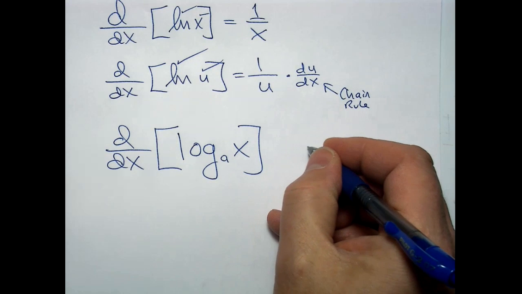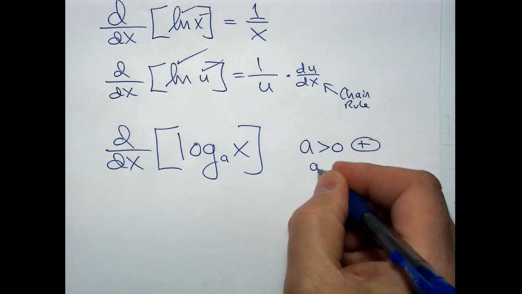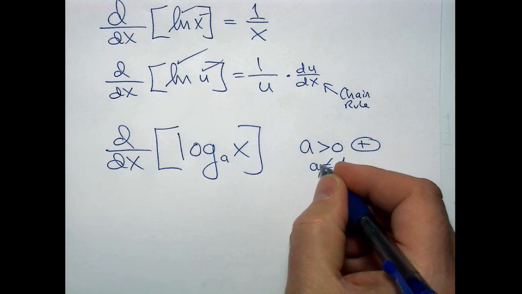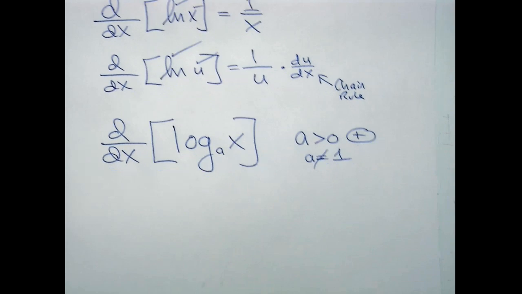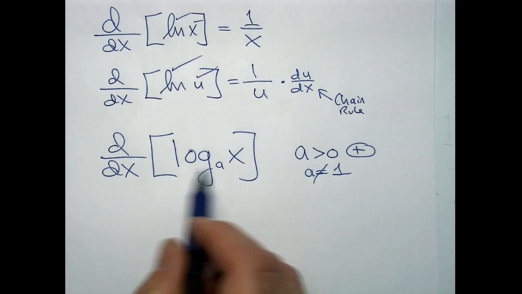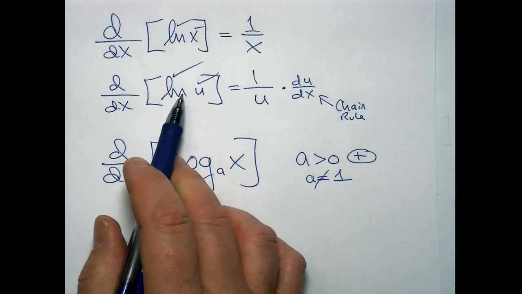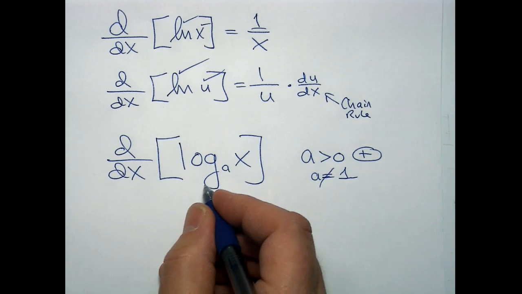Now, base a, same rules apply. It's got to be positive. It can't be 1. It's the same as our base that we use for our exponential. So let's pretend for the moment that we have no idea what the derivative of log base 7 is, okay? But we do know the derivative of natural log.